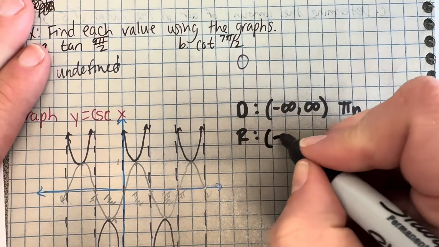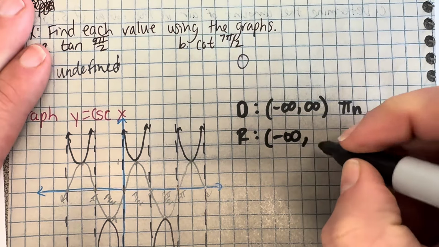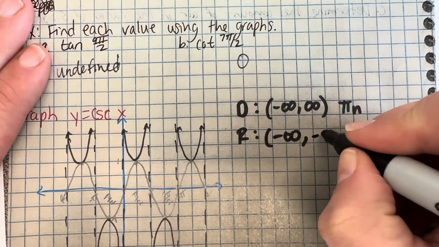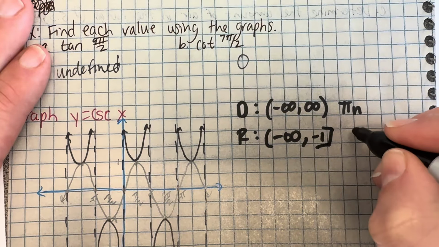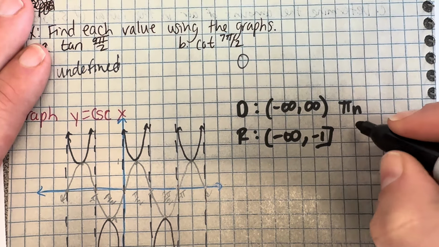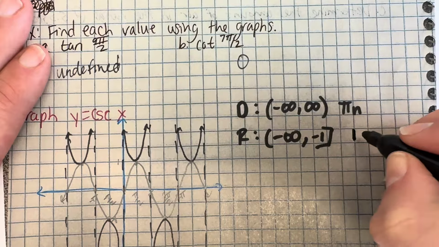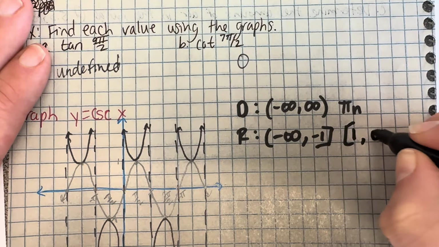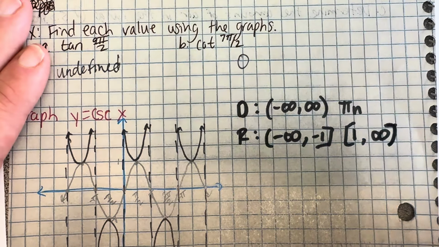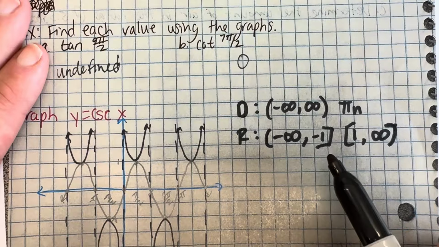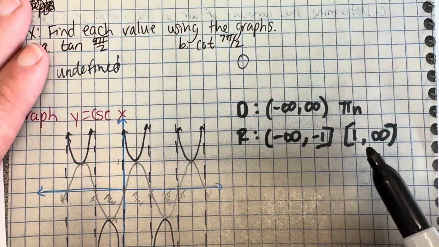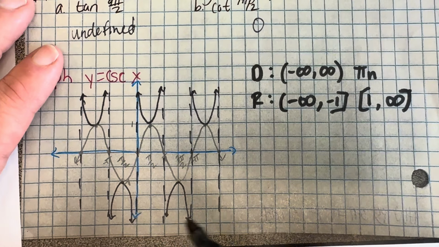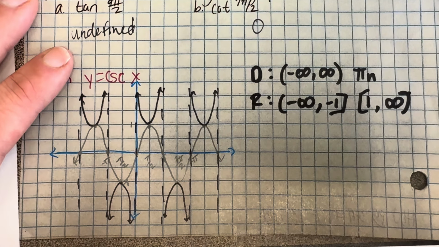So I'm going to say negative infinity to -1, and 1 to infinity. So this says we go from negative infinity to -1, including 1 to infinity because of where that sits. Okay.